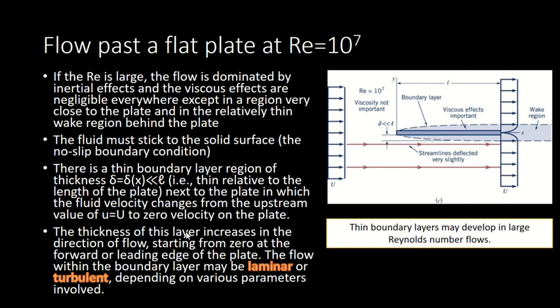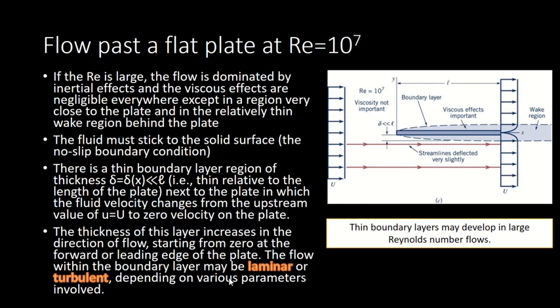Okay, the thickness of this layer increases. So the thickness of the boundary layer increases in the direction of flow. As the flow moves downstream, the thickness of the boundary layer also increases.